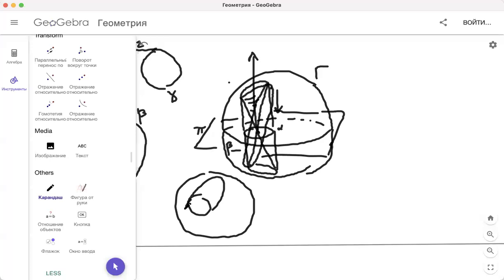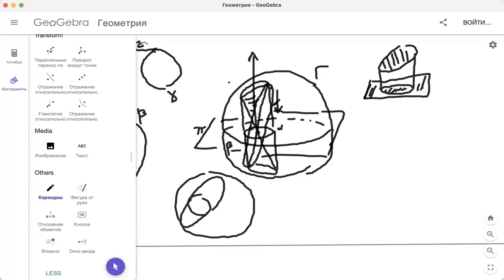And all these ellipses will be similar. If you consider some circle and its orthogonal projection onto some plane, you obtain an ellipse, and you can easily calculate its eccentricity in terms of the angle between the circle and the plane of projection.